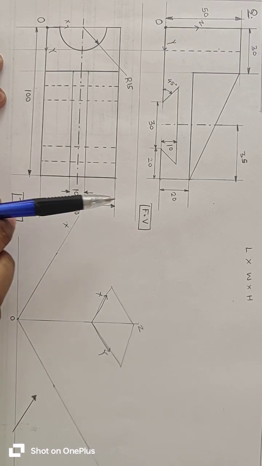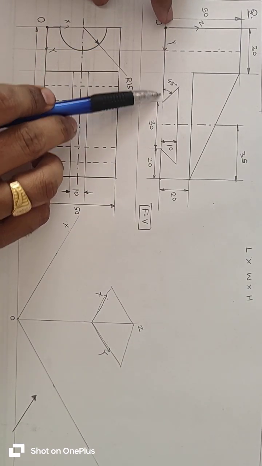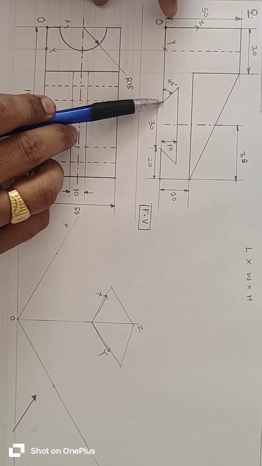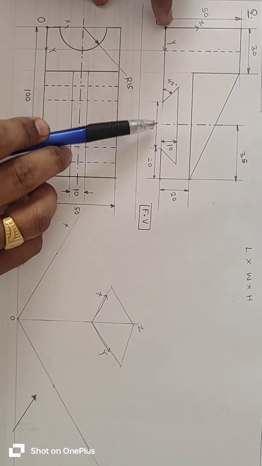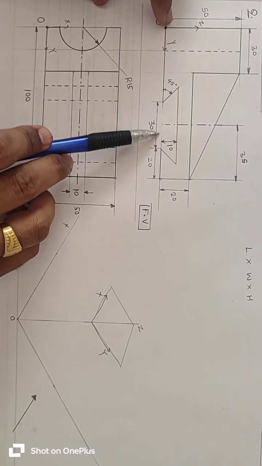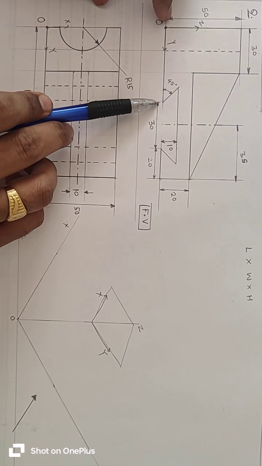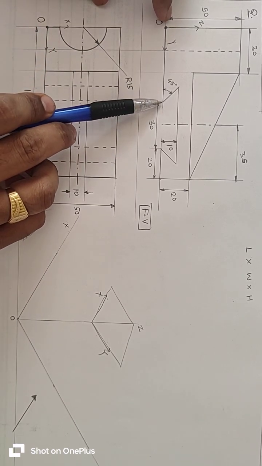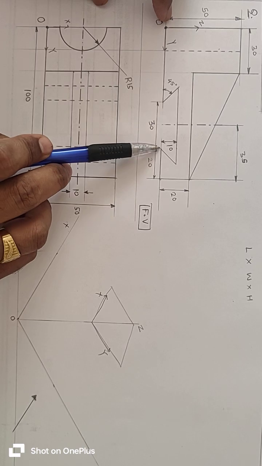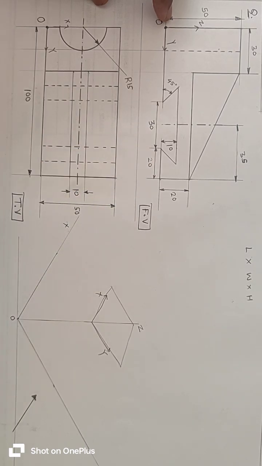Now see, in front view, from point O, this line is along the y axis at y equal to 0, right? There is a break of 30 mm at 50 mm distance from point O, and again there is a line of 20 mm onward.